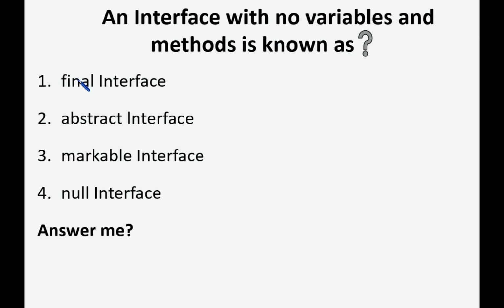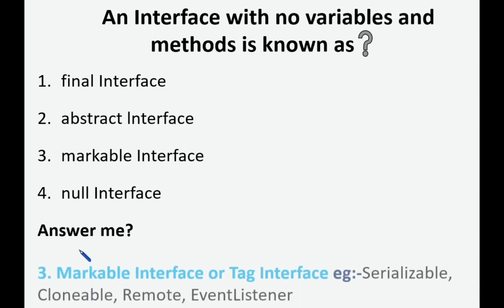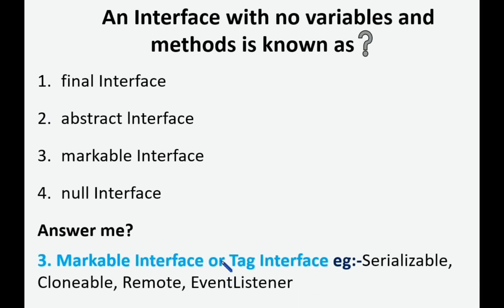Next question. An interface with no variables and methods is known as what? Option 1, final interface. Option 2, abstract interface. Option 3, markable interface. Option 4, null interface. So what is the answer? Yes, markable or tag interface. Yes, we can define an interface with no variables and methods.